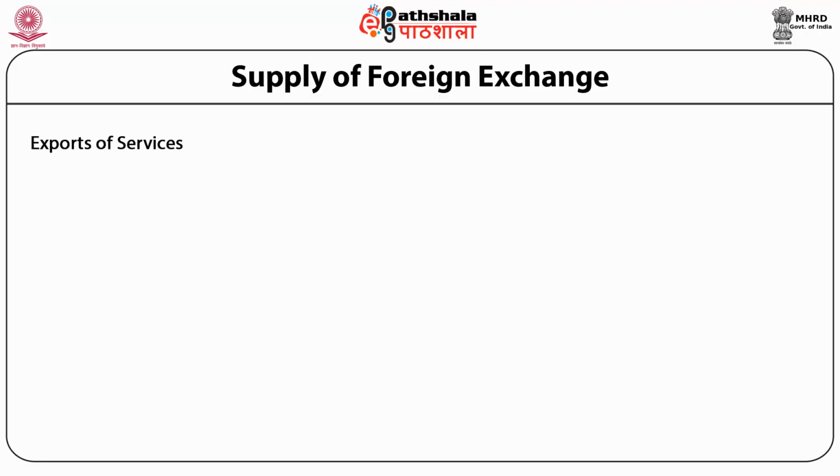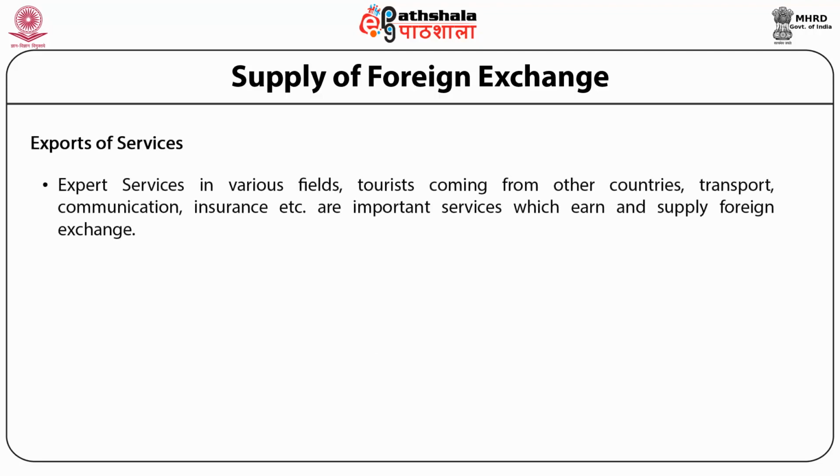Exports of services. In recent years, this source is gaining a lot of importance. Export services in various fields, tourists coming from the other countries, transport, communication, insurance, etc. are important services which earn and supply foreign exchange.